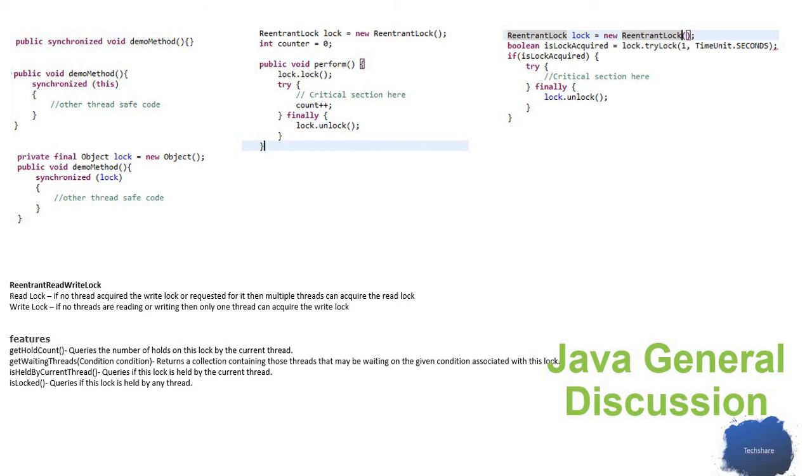So if you are doing too much switching, too much logic using the lock, then you may see some performance issues. In general, what I learned is: if it is a very simple requirement, go with synchronized. If it is complicated and you want more control over the locking mechanism, then go with a lock.